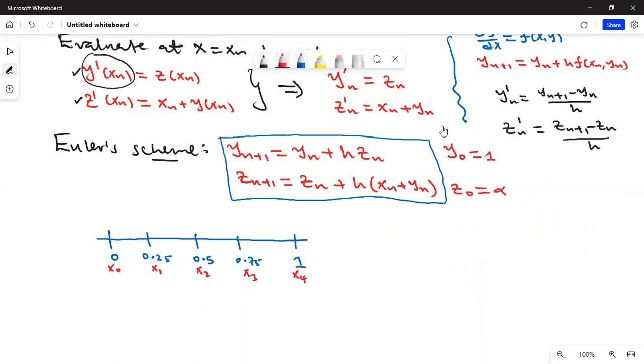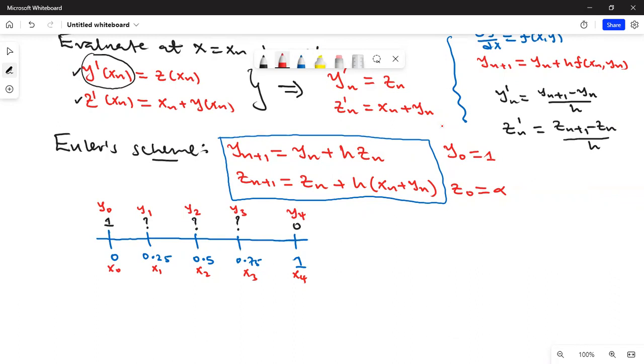What are the corresponding values of y? Y naught was 1 when x is 0, and when x is 1, the value was 0. So I don't know the value here, and also this. Those are the ones I need to find. So this is y naught, y1, y2, y3, and this is y4.